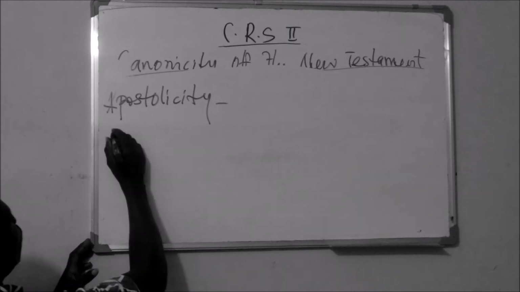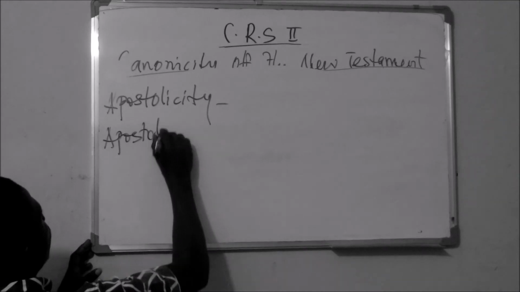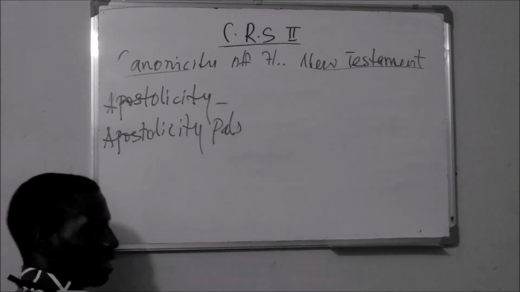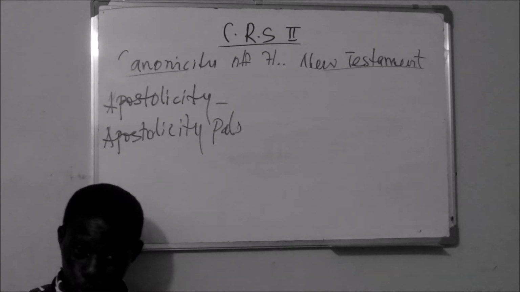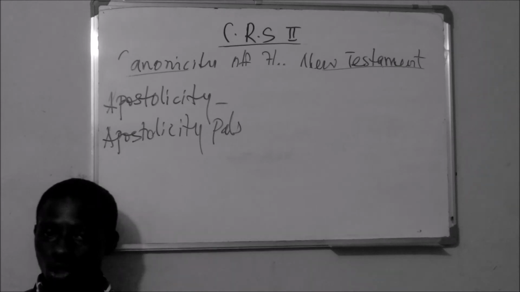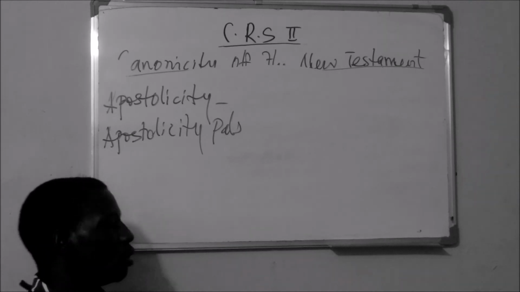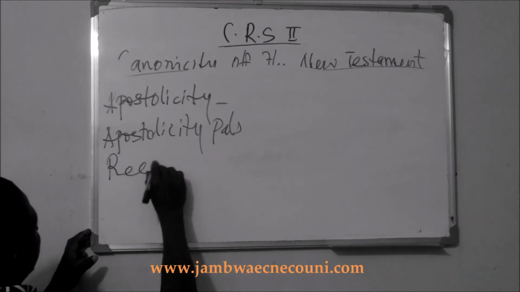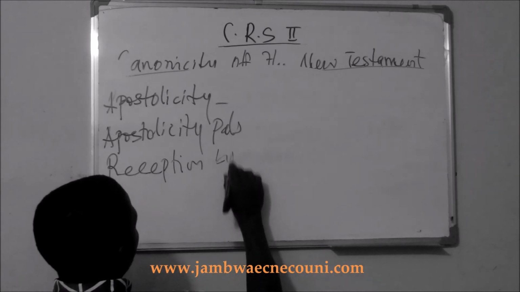Then we also have what we call apostolicity past, that is, books written by friends of the apostles or the disciples of Jesus Christ were also canonized into the Bible. Then we also have reception by the church.